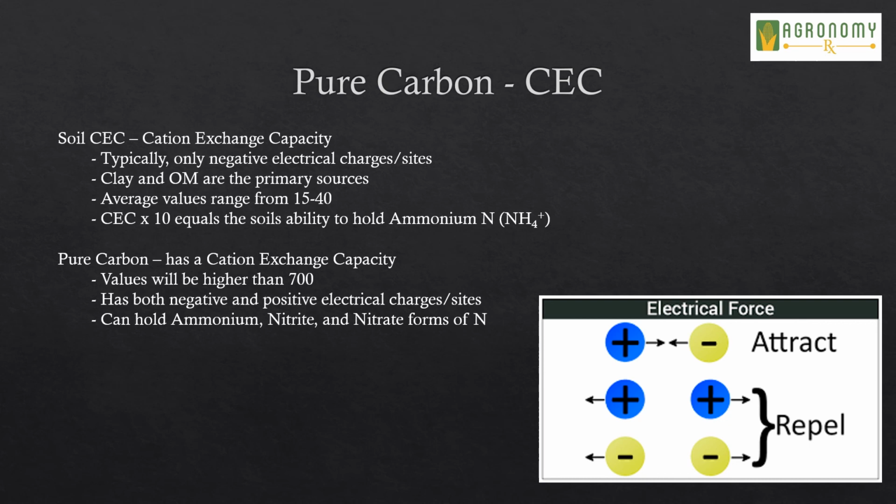And when we increase the amount of sites by that much, it allows us to have some positively charged sites on it as well. So now that we have some positively charged sites, we have the ability to hold nitrate, which is a negatively charged ion. So now you can see how pure carbon has the ability to hold both ammonium and nitrate, because it has both positive and negative electrical charges.